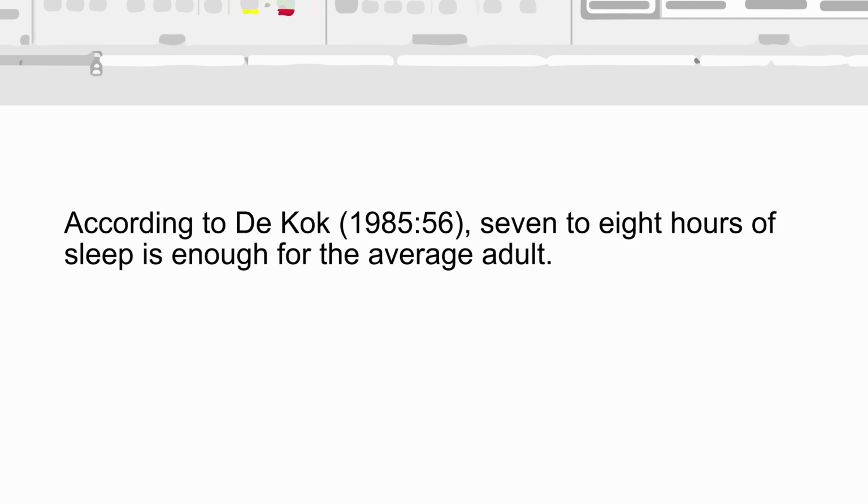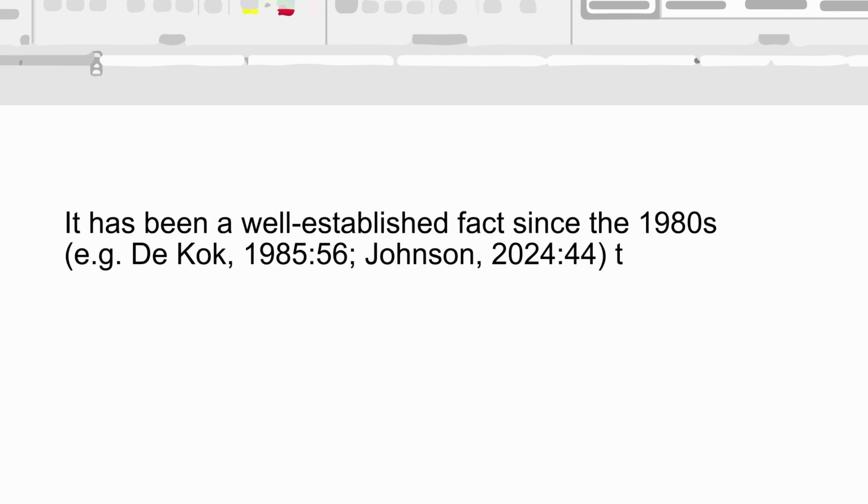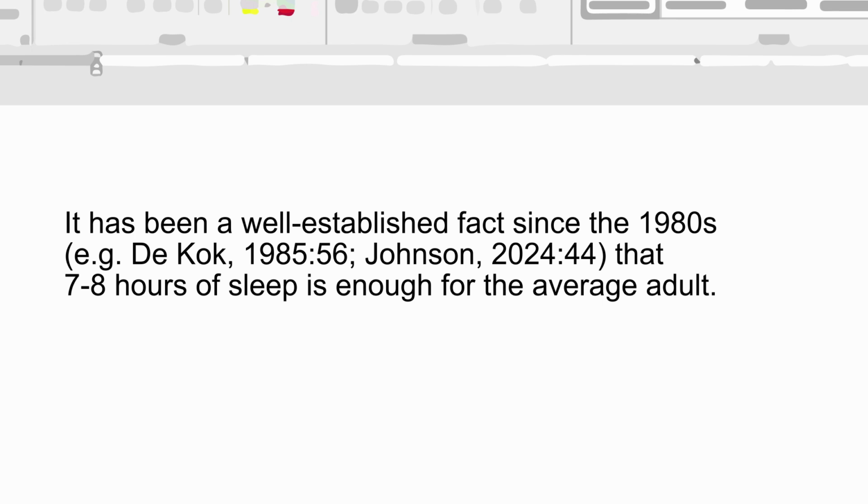But is that enough? Actually, even better would be to search for a more recent source to confirm that this statement is still true, and then to change the message of my sentence to something like, it has been a well-established fact since the 1980s that 7 to 8 hours of sleep is enough for the average adult.